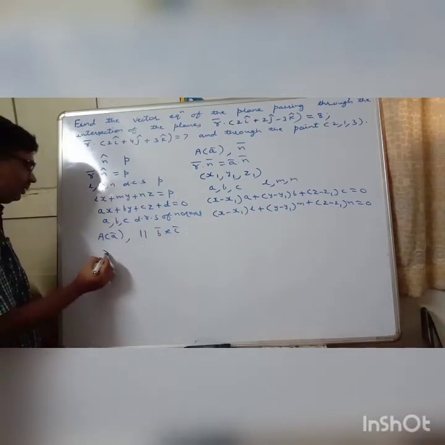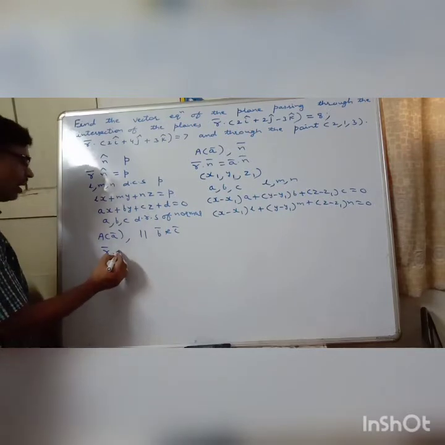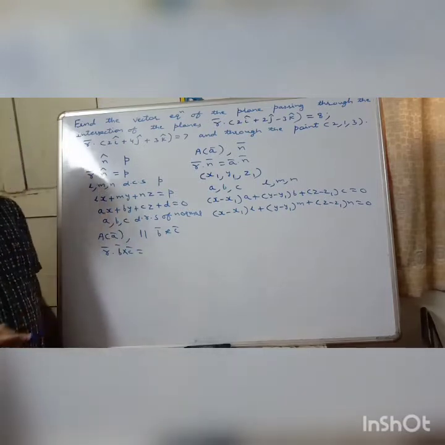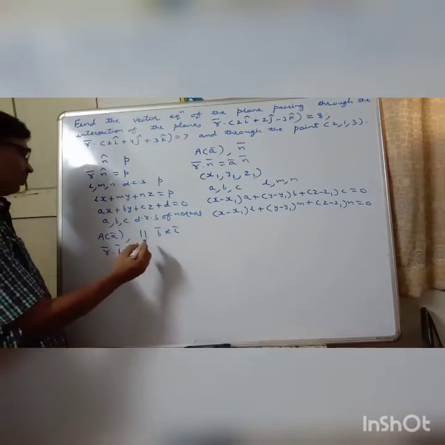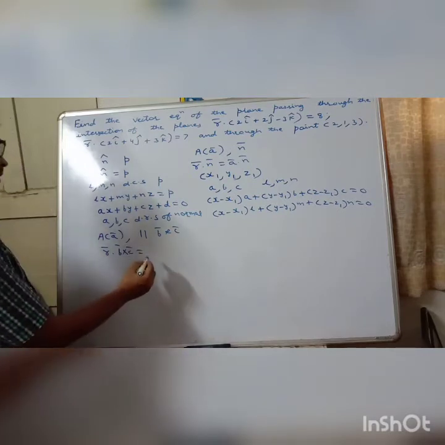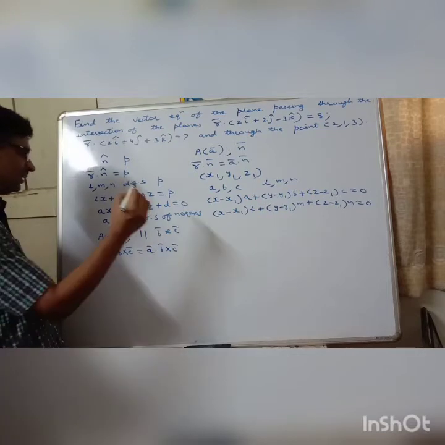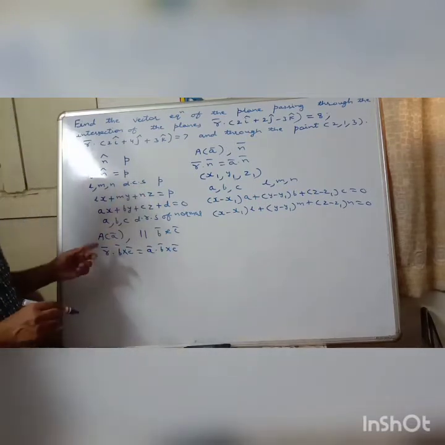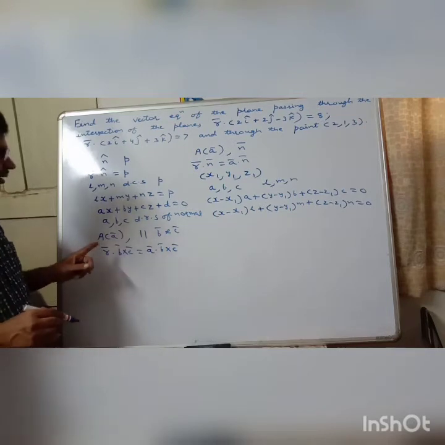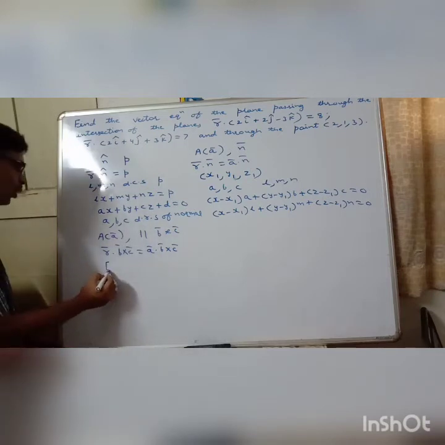Then equation of plane in vector form, R bar dot B bar cross C bar equal to, on right hand side we get A bar dot B bar cross C bar. Here dot and cross product is there. Three vectors are also there. So this scalar triple product can be expressed as box product.